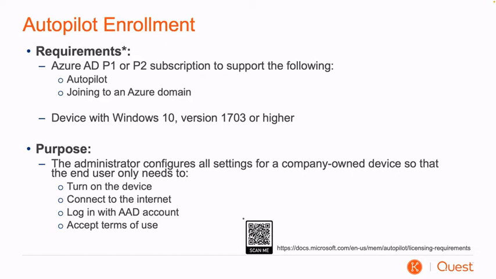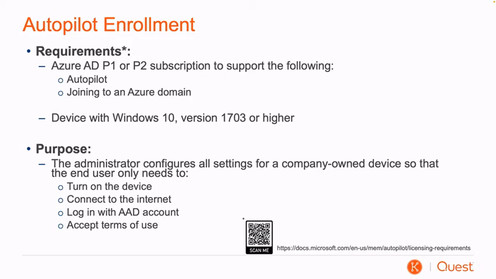Obviously we have the classical approach, deploying machines using an image or a scripted installation. But many of you know there is now this new feature from Microsoft called Autopilot, which brings a lot of really interesting functionality and flexibility, especially when users are working in their home office.